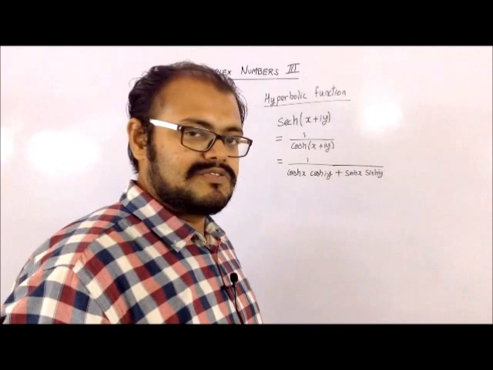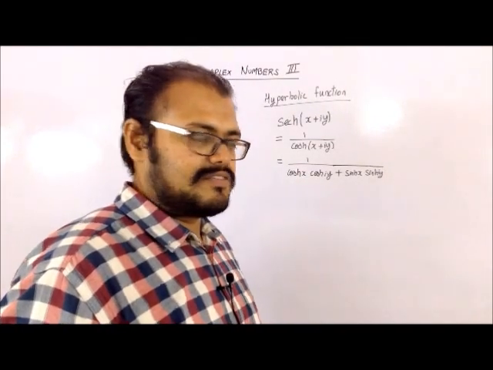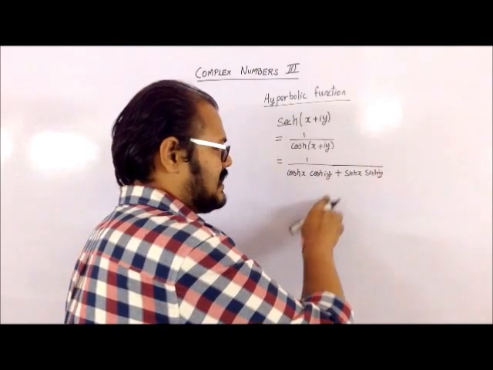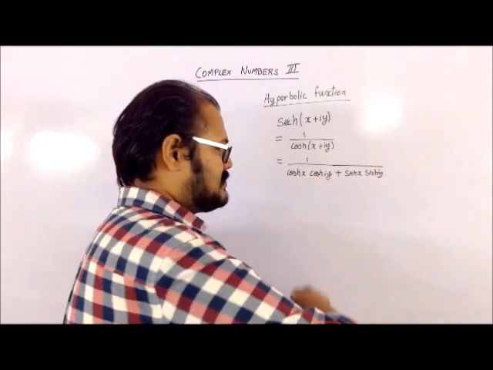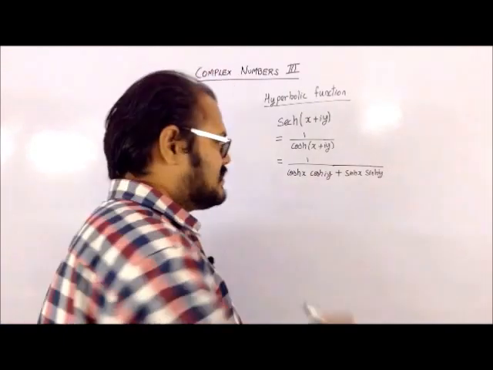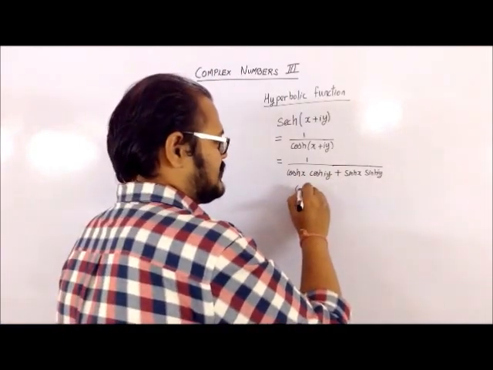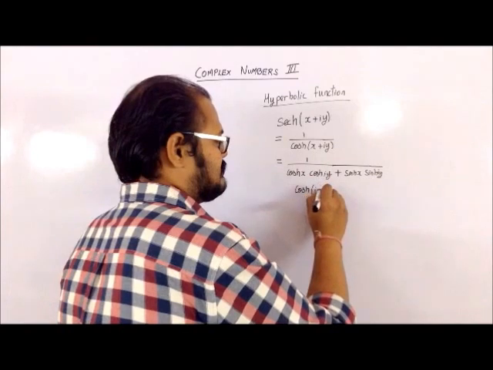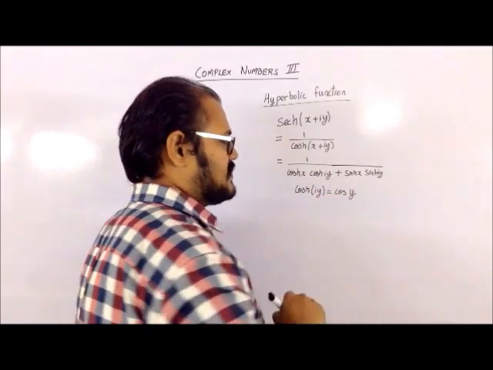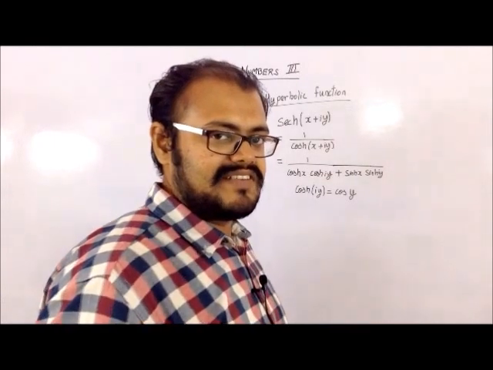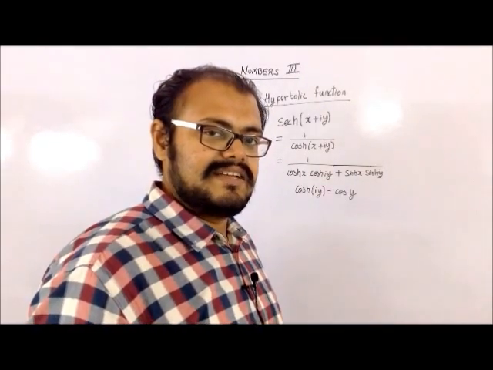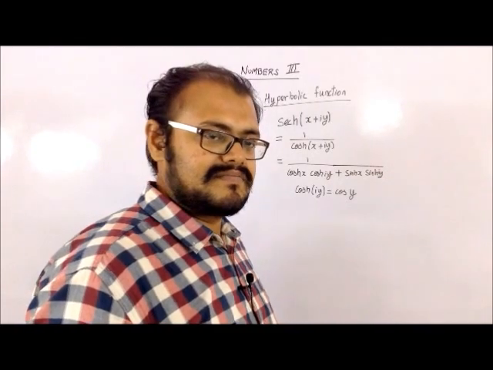Now there are formulas which you have to understand. I have a cos h iy. Now if I have a hyperbolic function of an imaginary number, then if it is a cos, the value for that will be cos y. So a hyperbolic function has been changed to a circular function if there is an imaginary term inside it.